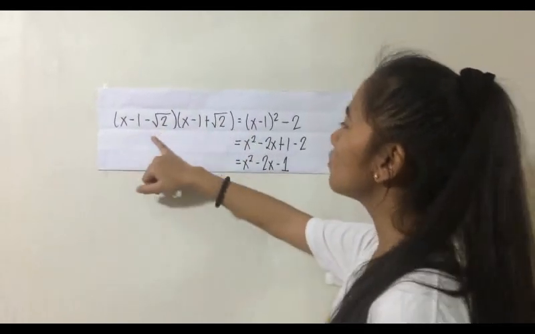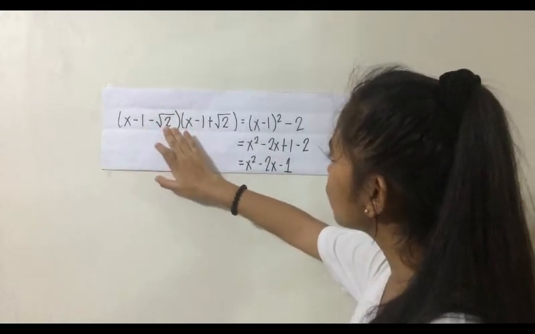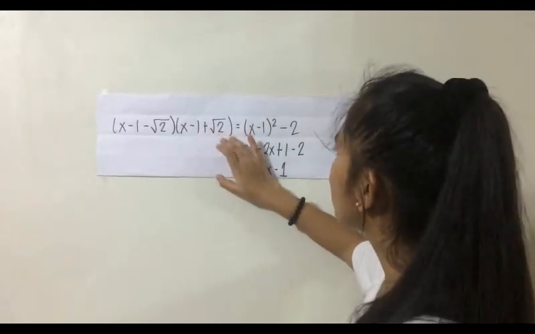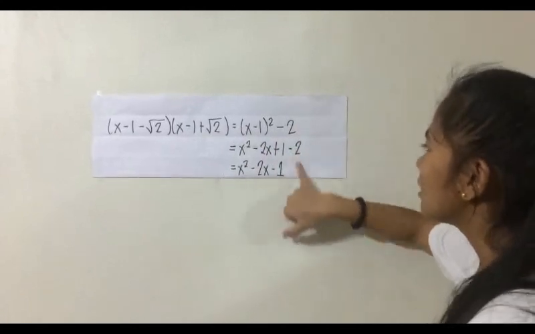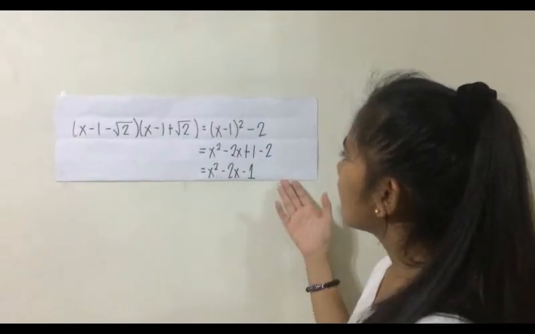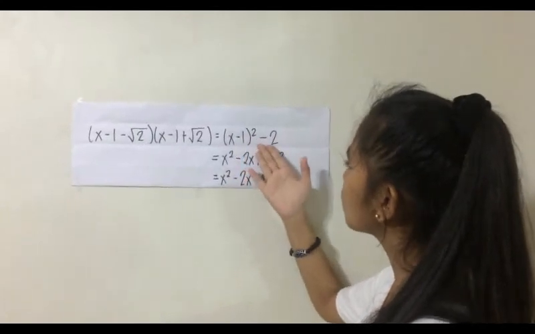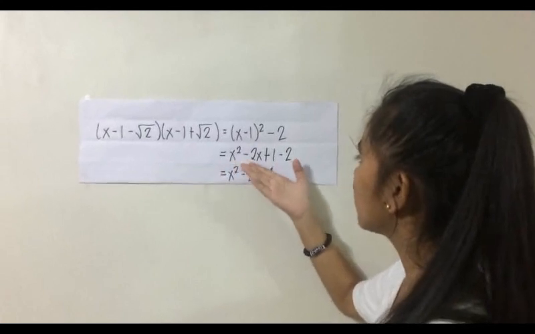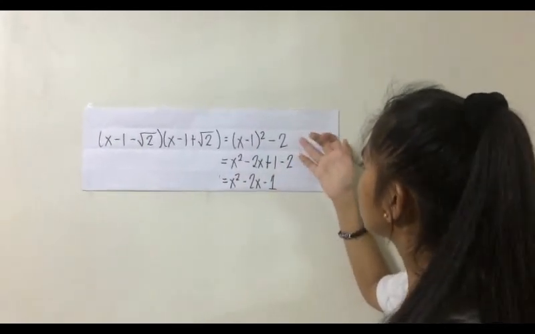Then if you multiply minus the square root of 2 by the positive square root of 2, the product will be minus 2. Then if you square x minus 1, the product will be x squared minus 2x plus 1, then copy the negative 2.